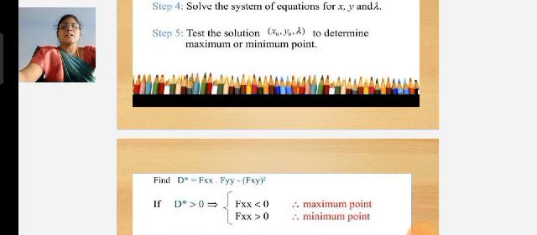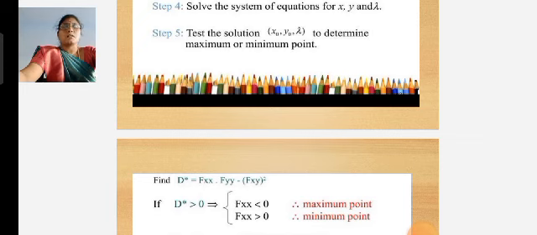Suppose we find D, the discriminant function of the Lagrange's multipliers, which is dou squared f by dou x squared into dou squared f by dou y squared minus the square of dou squared f by dou x dou y. Suppose d squared f by dx squared is less than 0, that is a maximum point.